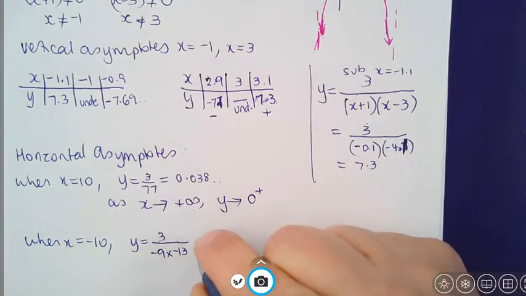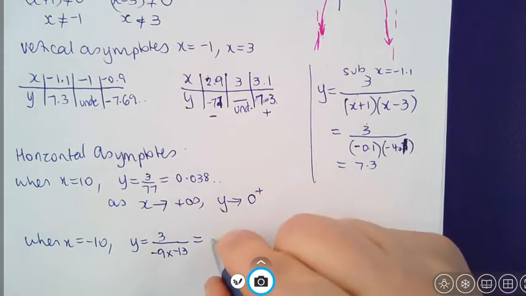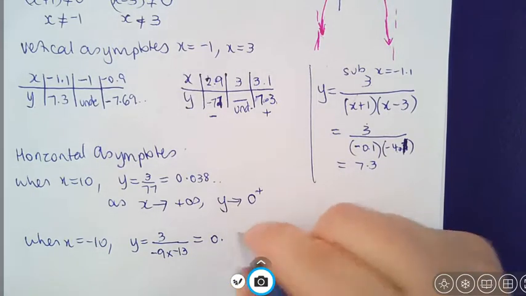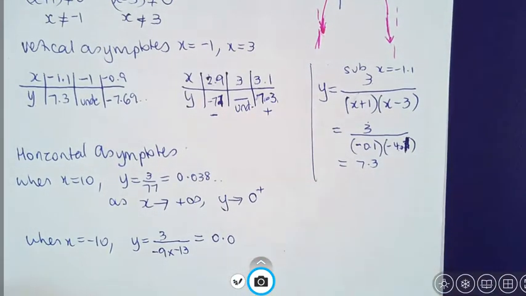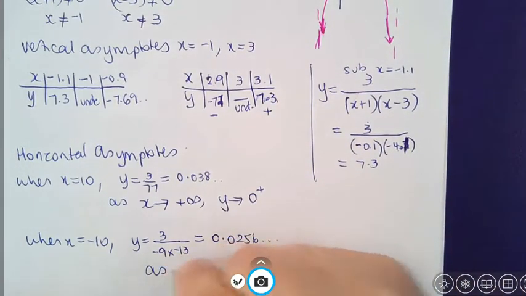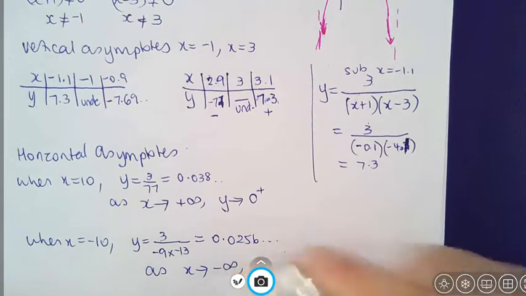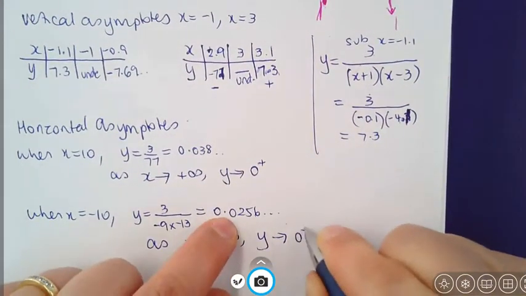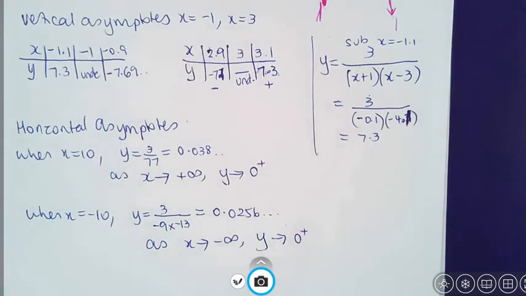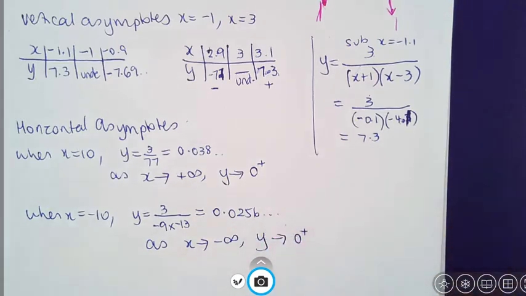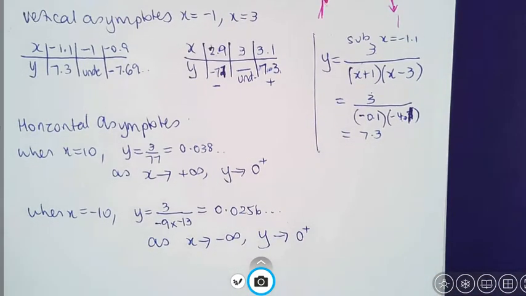It's going to be small too. 0.0 what? 256. So therefore, as x approaches negative infinity, big negative values, y is approaching 0, but from the positive side. And then we're just going to draw that on and we're done. But you don't put those values in. You just show that it's approaching 0.